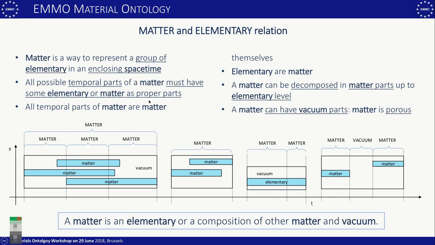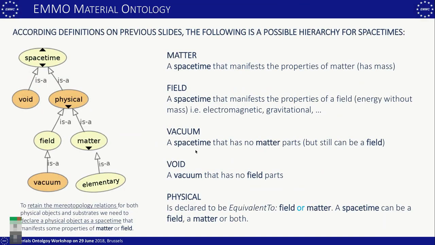So the definition of matter that we propose is an object that for all its lifetime is made of something with matter, some elementaries. Can be matter or can be elementaries. So a matter is an elementary or a composition of other matter and vacuum without any vacuum intervals in its lifetime.